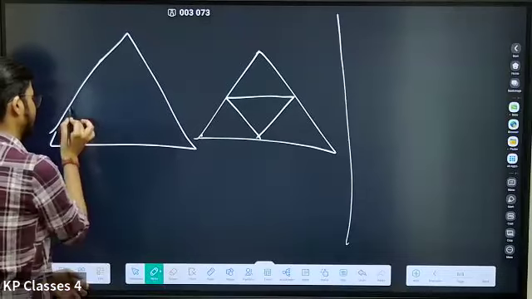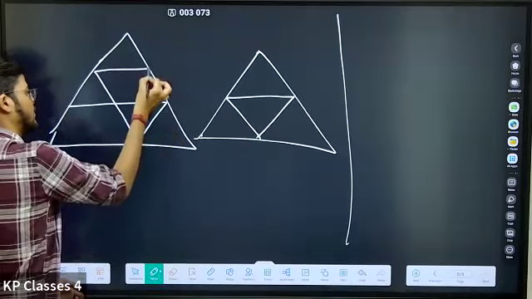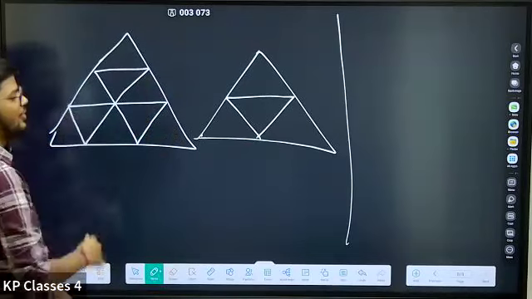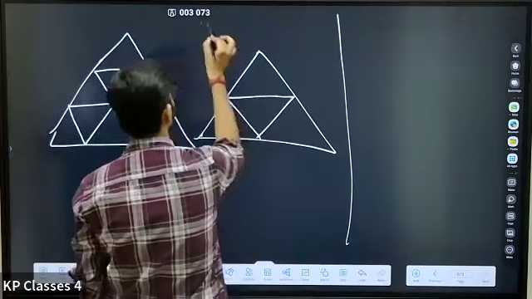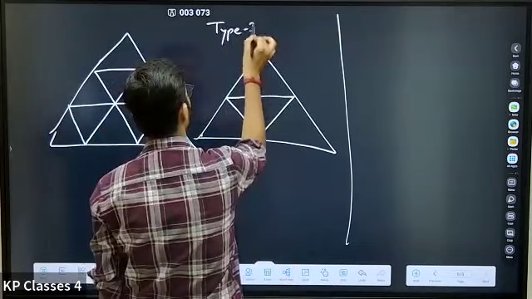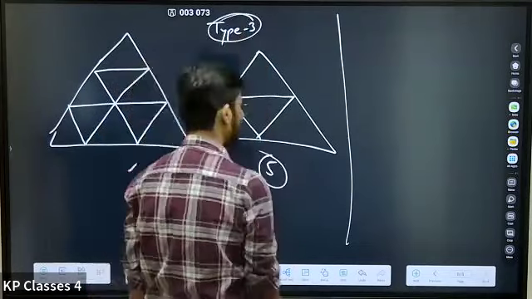Five are there? Okay, 5 are there. Now, how many triangles are there? Type 3. How many triangles are there? We are saying 5. How many triangles are there in this case?